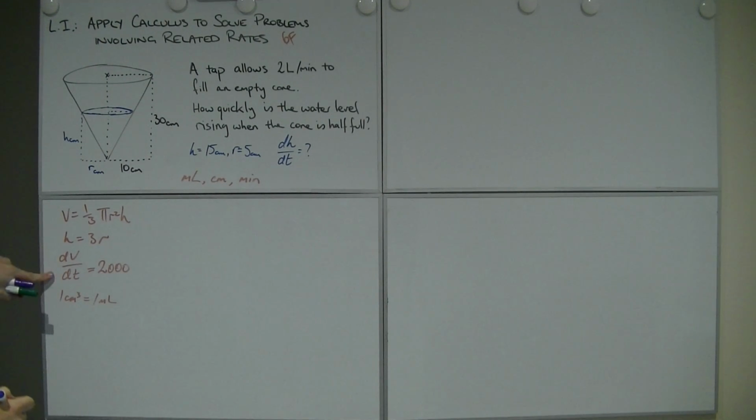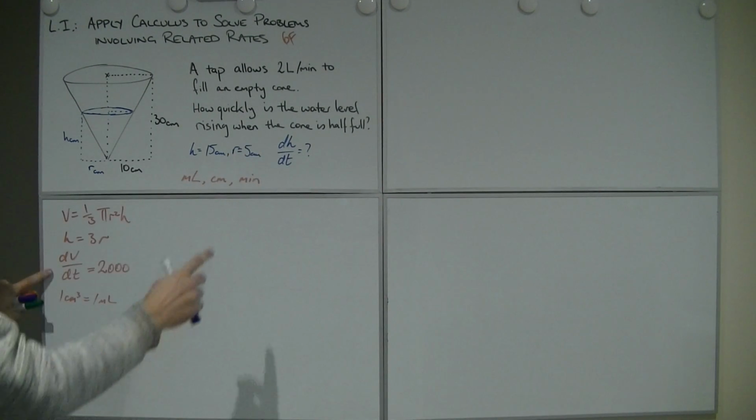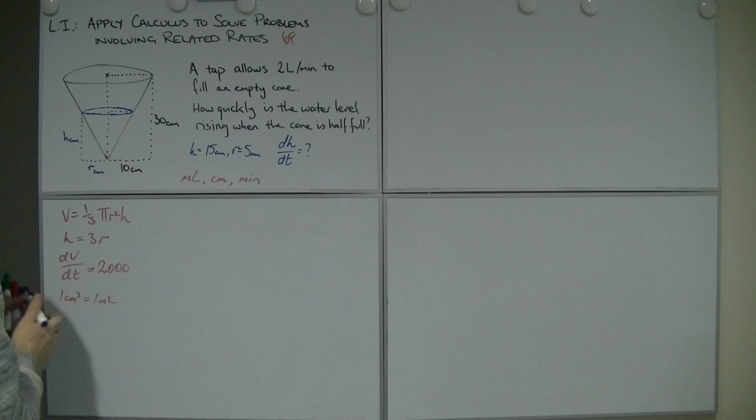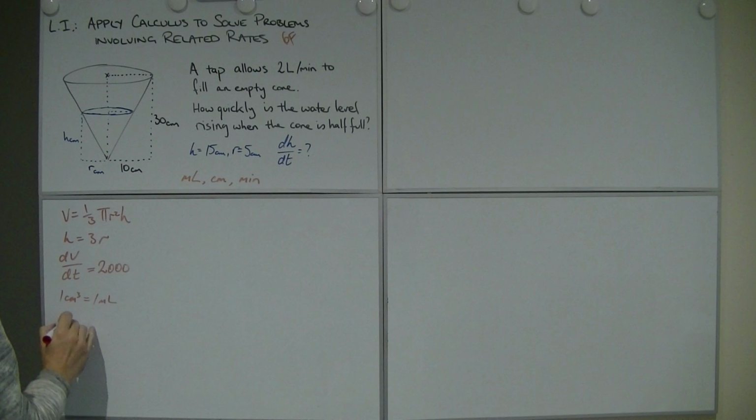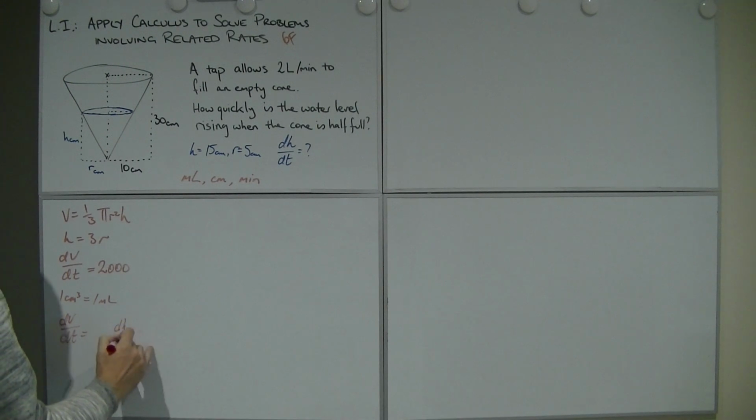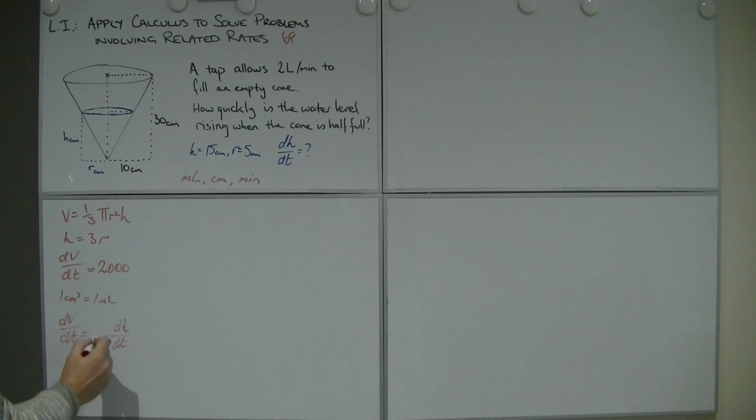Well, what do we have? We have dV dt. What do we actually want? We want dH dt. Is there any way of relating these two? So, let's go dV dt, and I need some expression where I get dH dt.